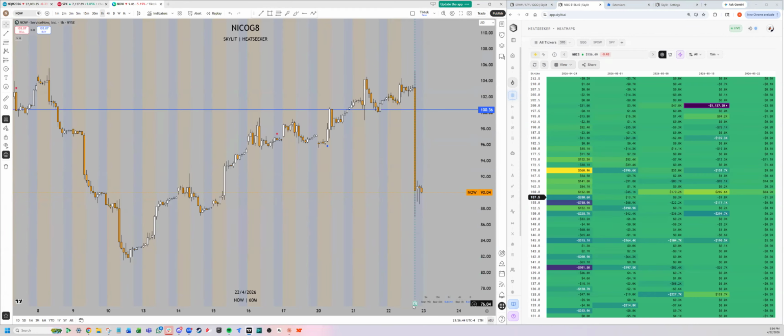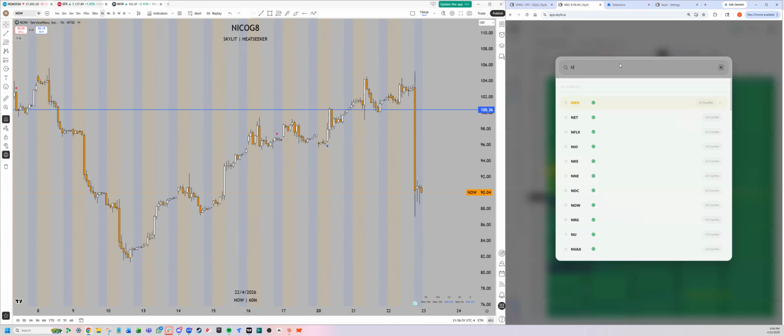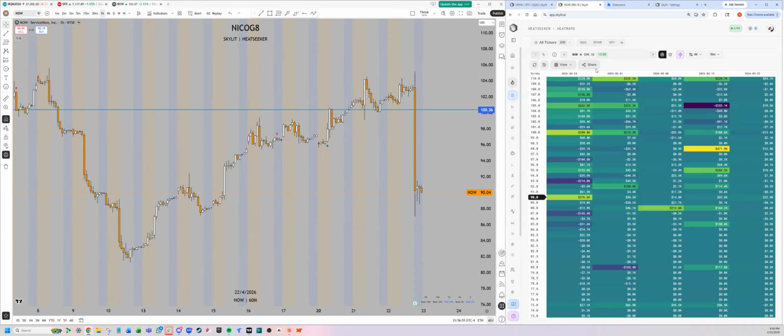Oh, ServiceNow just got killed. ServiceNow just had earnings. Guys, don't ask me about stuff that just had earnings or has earnings in the morning. There's nothing I can do about that. It's out of our control. We can't enter a position, so I'm just going to skip all those.